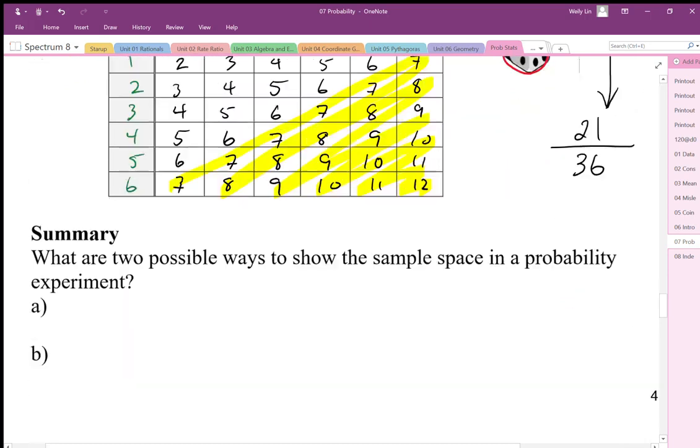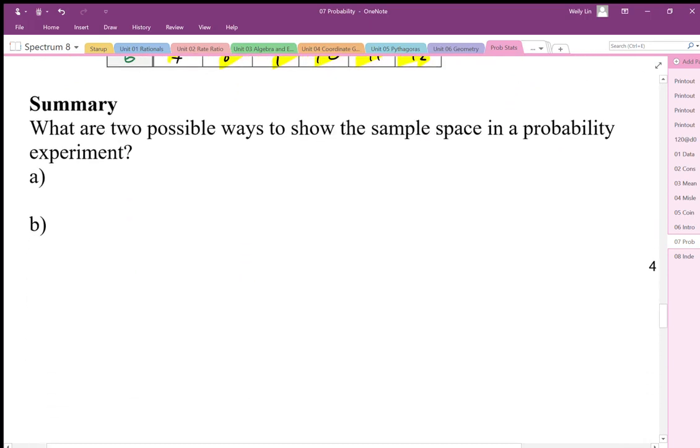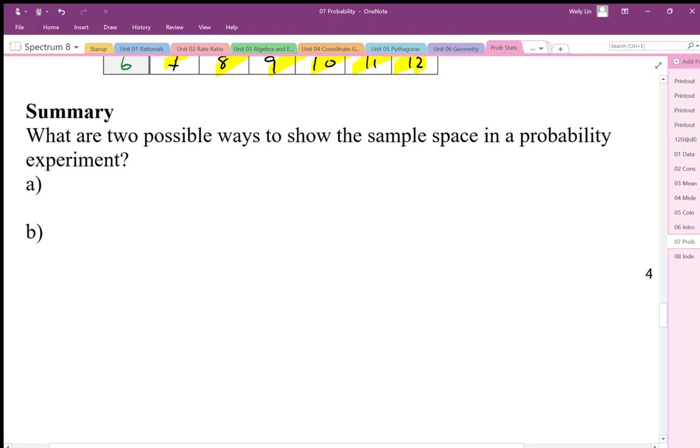All right, so in summarizing then, what are two possible ways to show sample space in a probability experiment? Maybe I shouldn't call that a probability experiment because this is theoretical probability. So how do we show sample space? We show sample space one with a tree diagram.